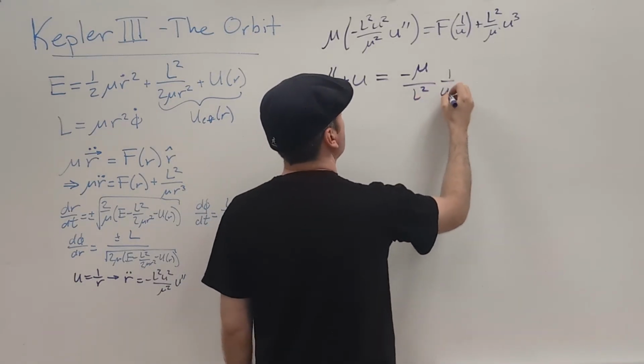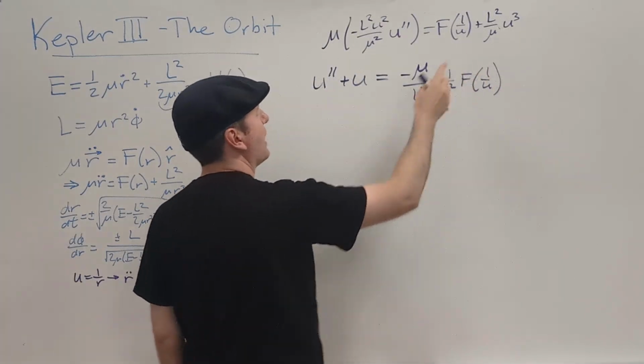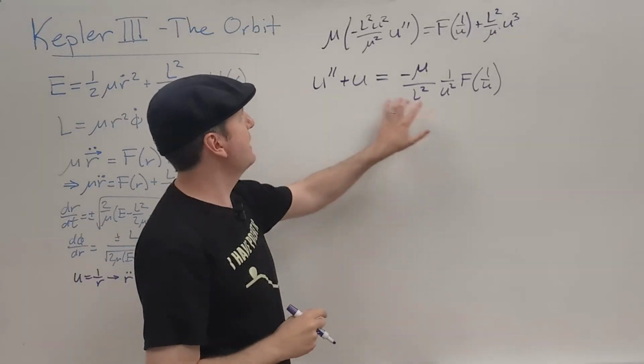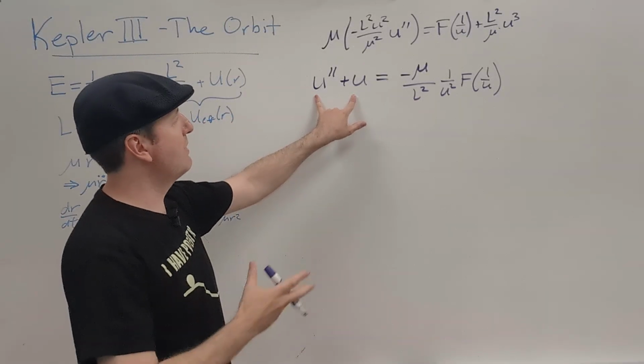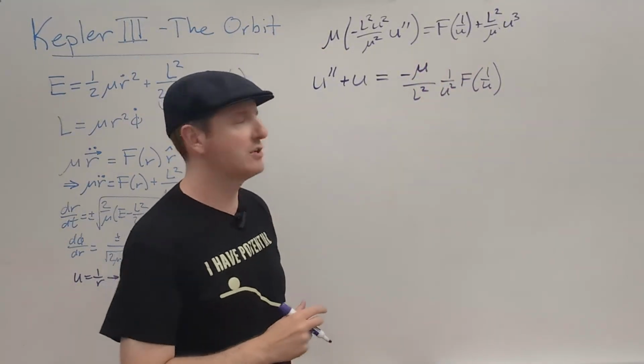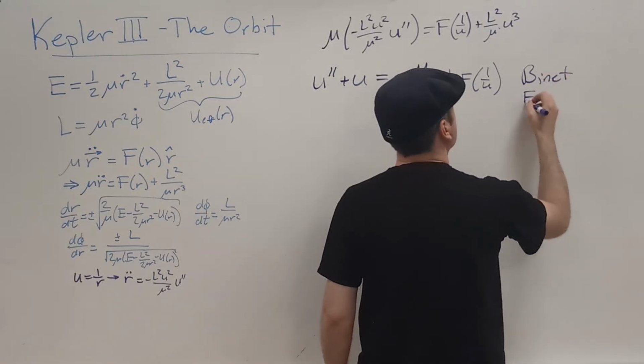And then there'll be a 1 over u squared times f of 1 over u. Presumably, this whole combo is some known function, but this combo together of this sort of simple harmonic oscillator form set equal to some function of u is called the Binet equation.